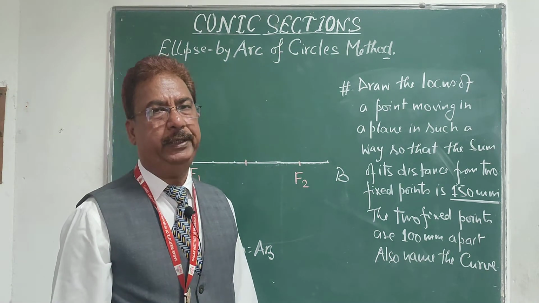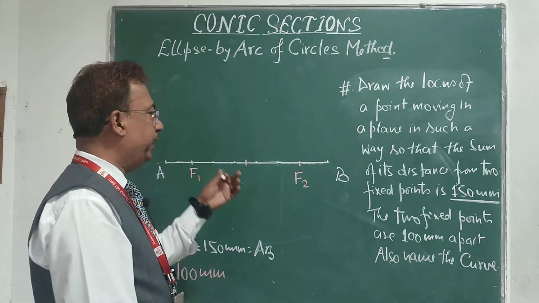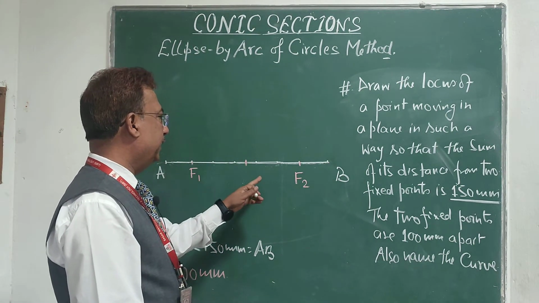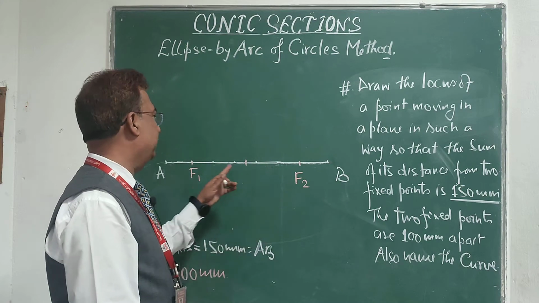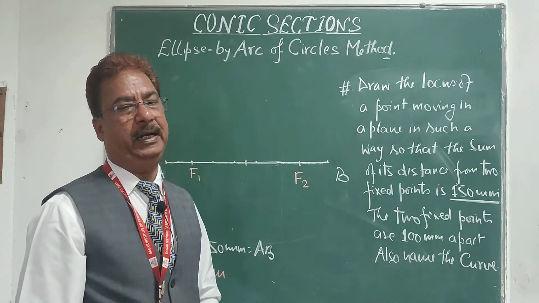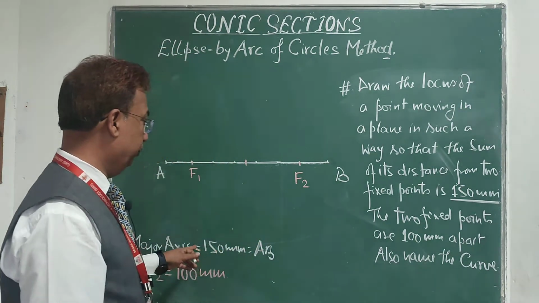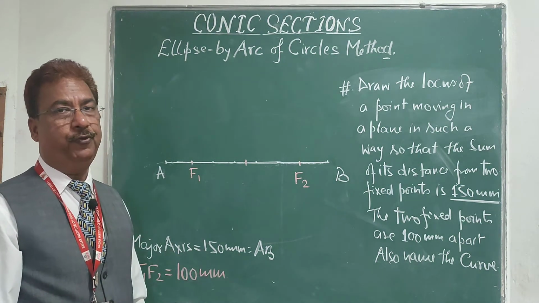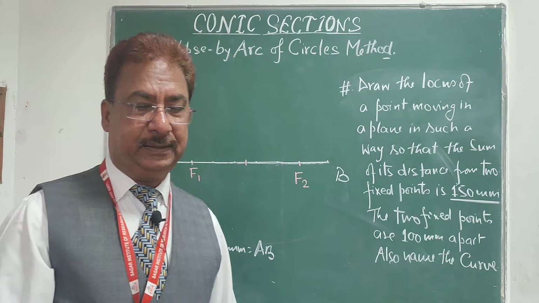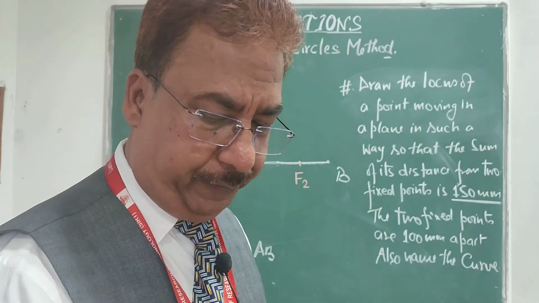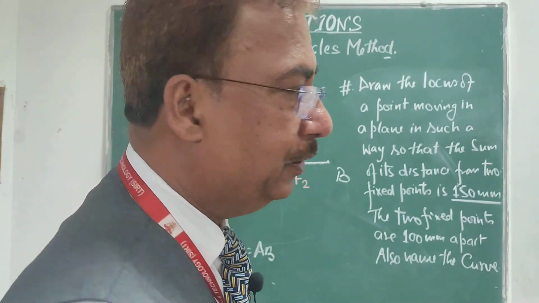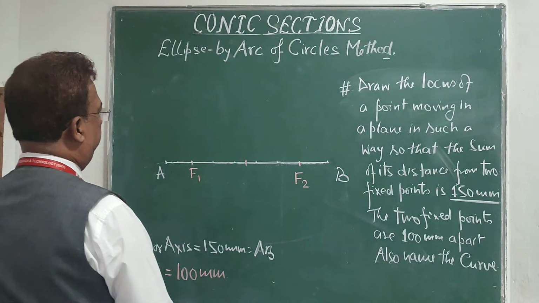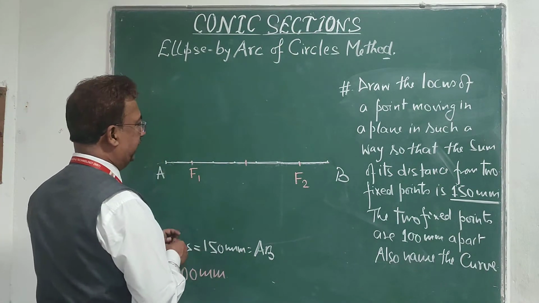Now what are we going to do? We are going to locate different points in such a way that the sum of the distances of each point from foci F1 and F2 remains equal to the major axis. Firstly, for the minor axis, which we normally denote by CD, we will pick half of this AB.